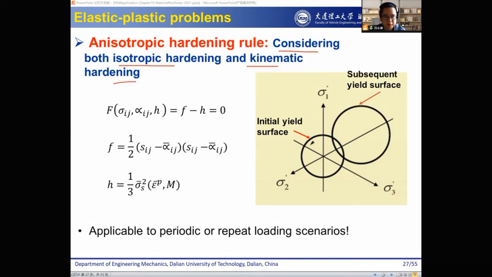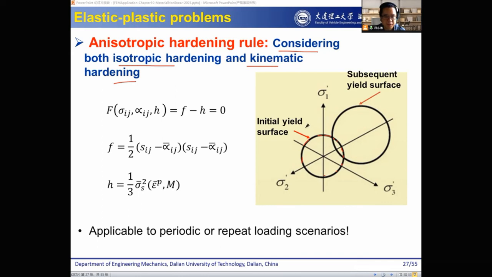This is our initial yield surface, a circle, and when it goes through the anisotropic hardening rule, the circle is changed. It's expanding through isotropic hardening, and also goes through kinematic hardening, so the location is also changed.